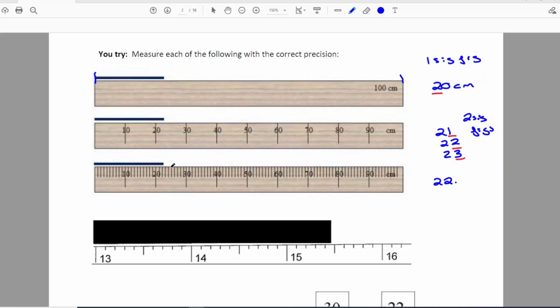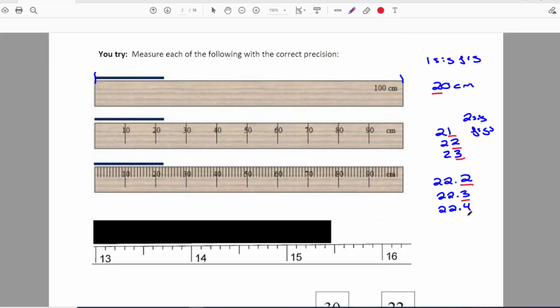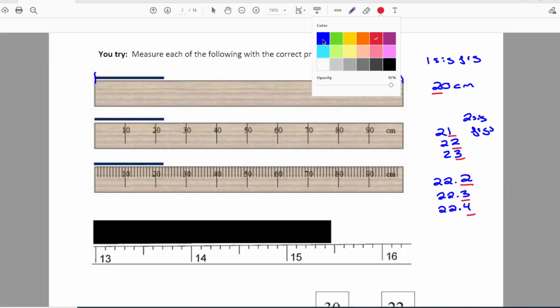Now, this one gets harder and harder, especially because the picture gets blurrier and blurrier. I would say 22 point, I don't know, 2, but it could be 22.3, 22.4, it's kind of up to you. But this is my estimated digit. Now, this one is going to have 3 sig figs.